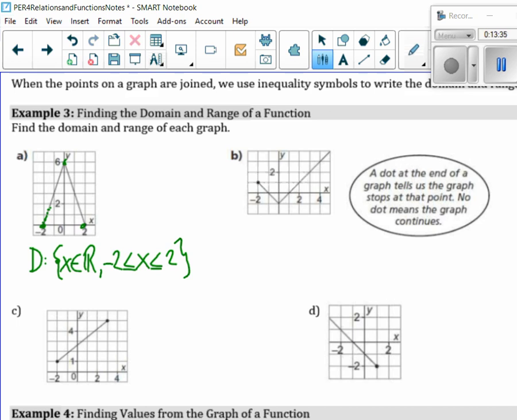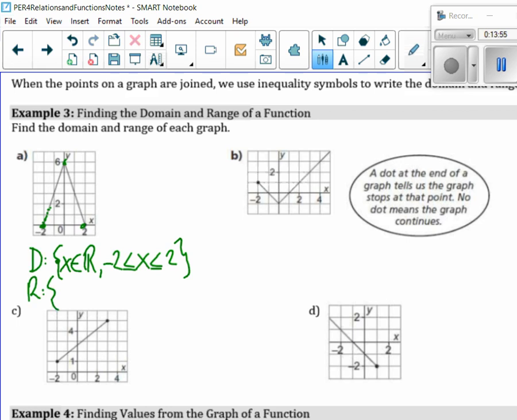Your calculator is essentially a real number function machine, okay? So basically x can be anything in the real number system between -2 and 2.